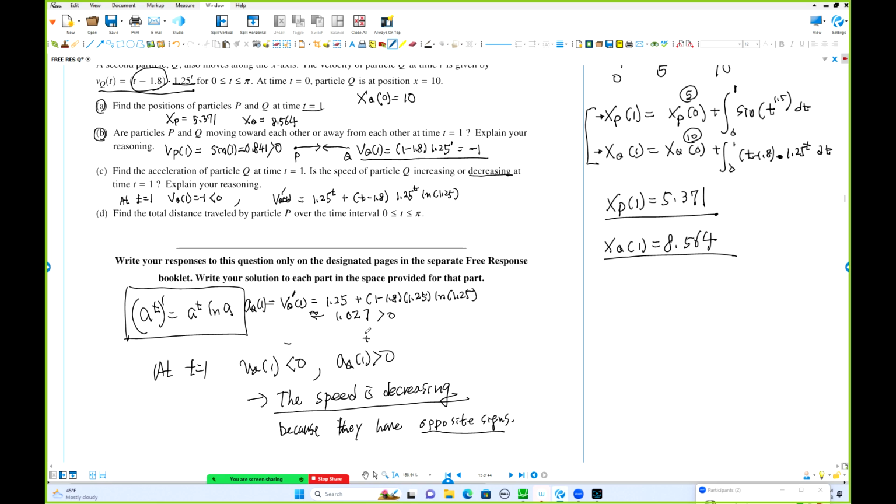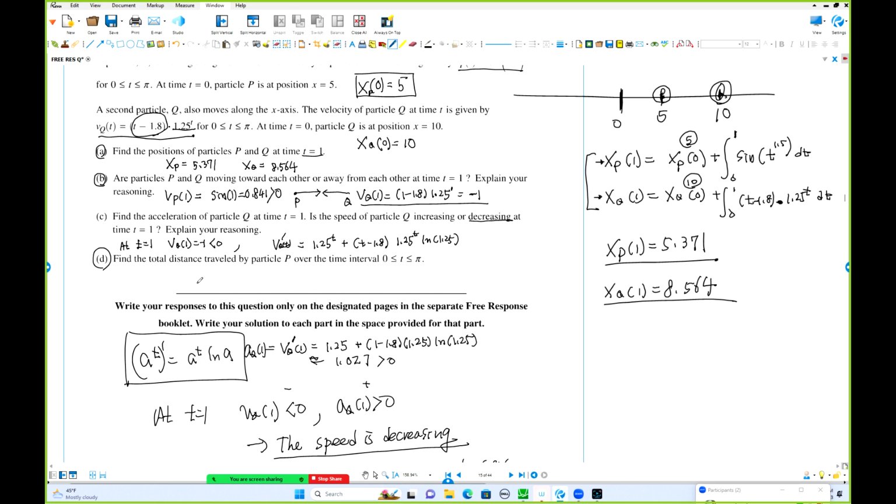Okay, the last two questions. Find total distance traveled by particle P over time interval 0 to pi. Time interval is what? Integral of velocity, right? Where is the velocity over here? Take a look.